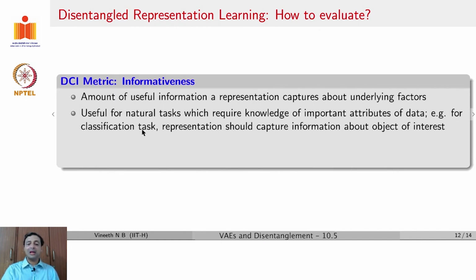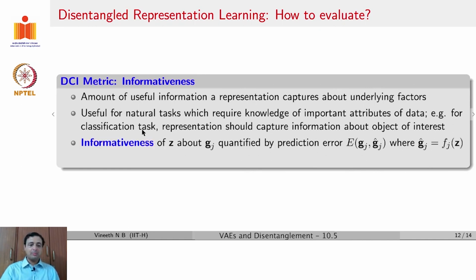For example, a classification task, in which case you'd like the latent representation to capture information about the object of interest. How do we measure this? The informativeness of Z about a particular generative factor Gj is given by the prediction error between the original generative factor and the predicted generative factor, which is obtained using one of those regressors that we had defined earlier.